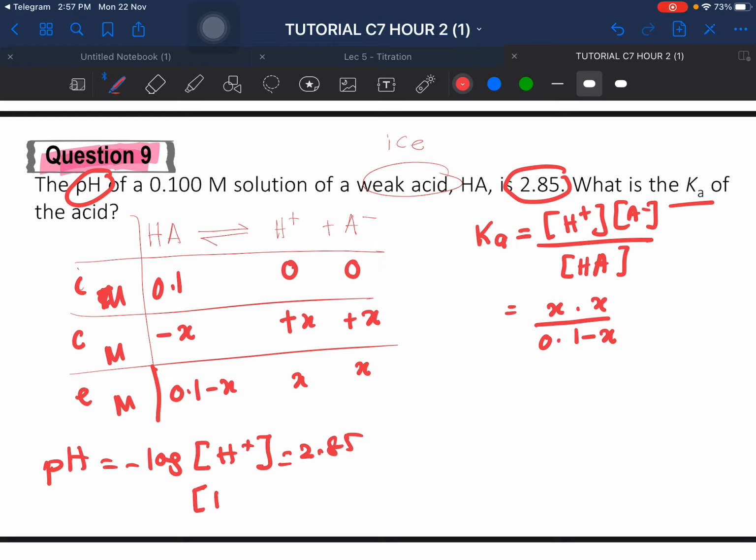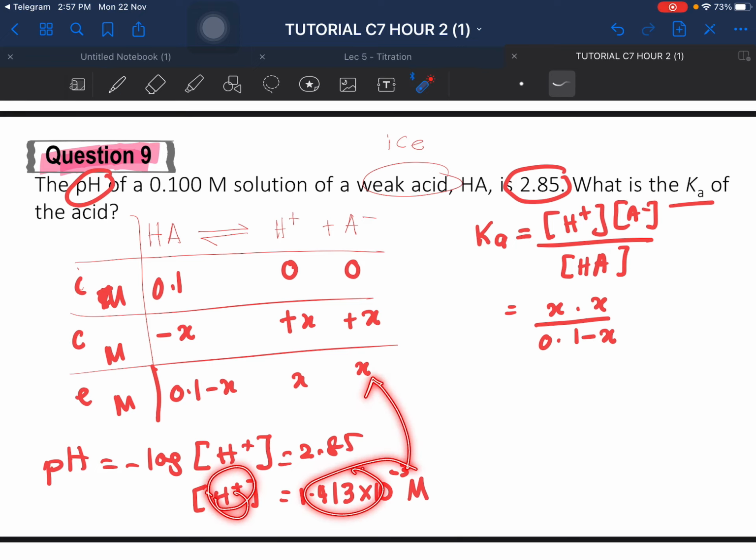So the concentration of H+ can be determined when you shift log or anti-log 2.85, or you can use calculator shift log negative 2.85, which the concentration of H+ will be 1.413 exponent negative 3 molar. So the concentration of this H+ is the value of x.